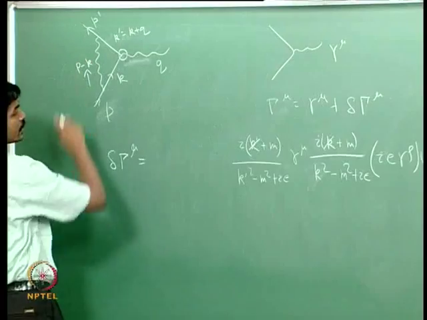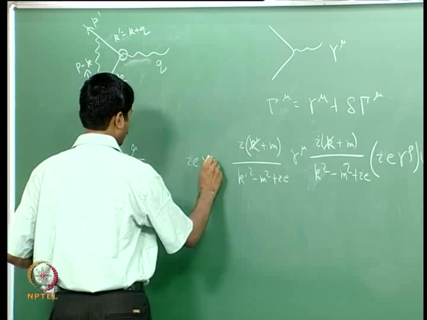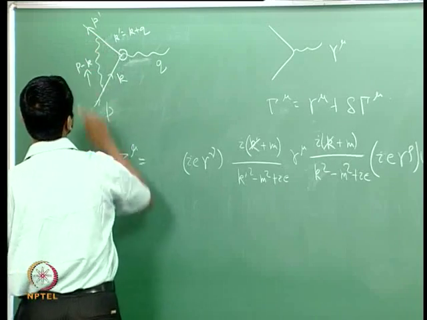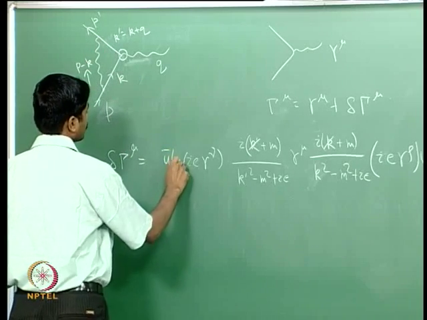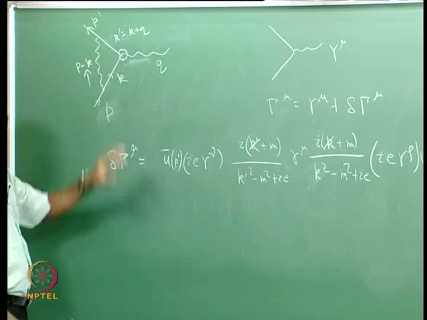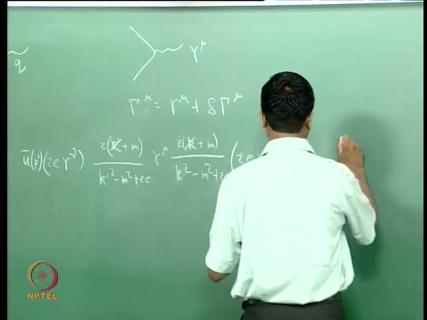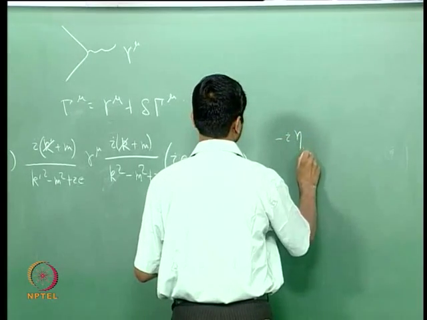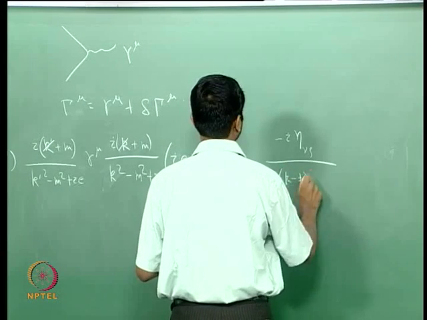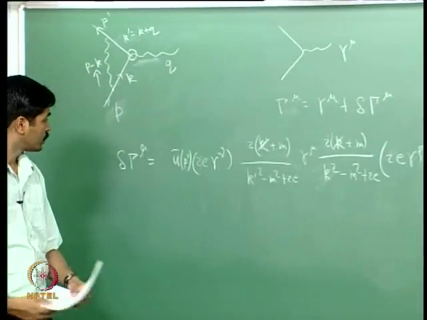Then I have a vertex here, which I will write as i e gamma nu, and u bar of p prime, and then I have this propagator here, the photon propagator, which is just given by minus i eta nu rho divided by k minus p whole square plus i epsilon. This is what I have for delta gamma.